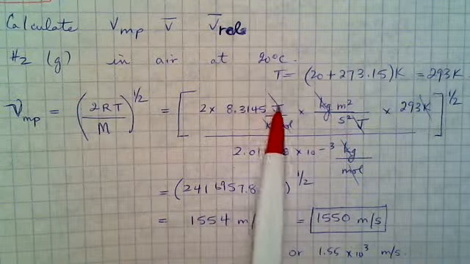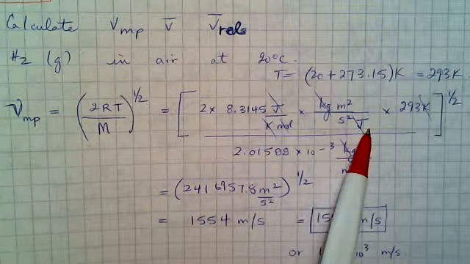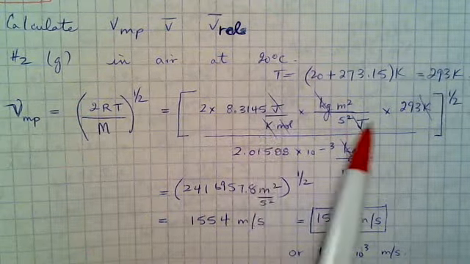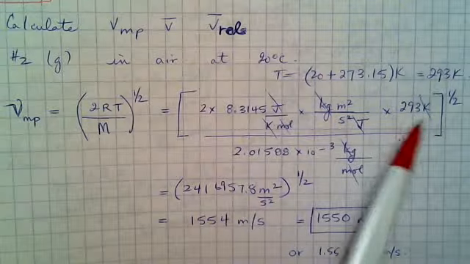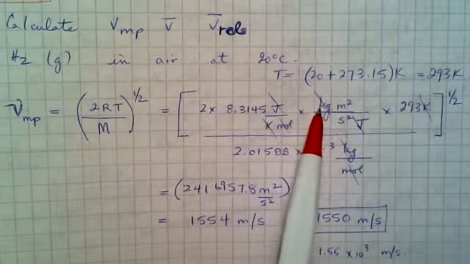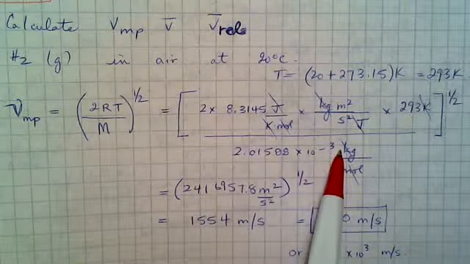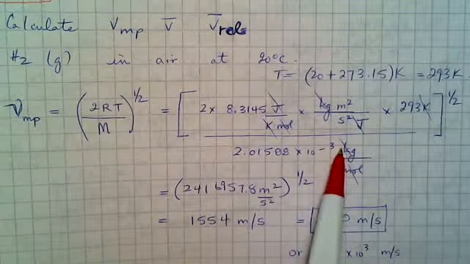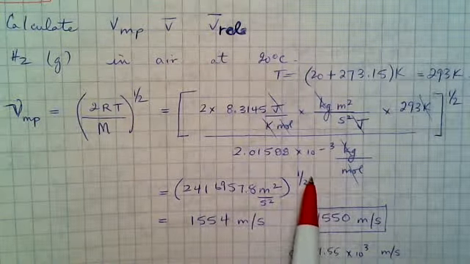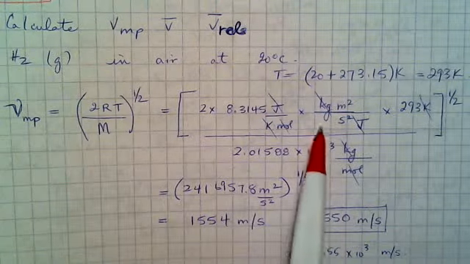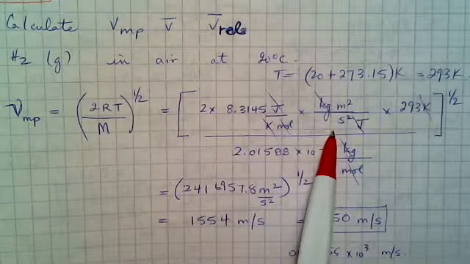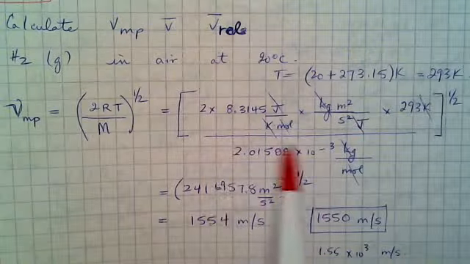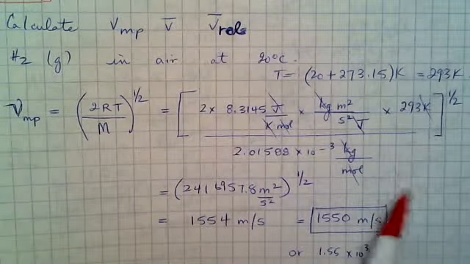So joules and joules cancel, Kelvin cancels with Kelvin, and the kilograms on top cancel with the kilograms in the unit. The moles went out, so I just have meters squared over seconds squared, and that's fine because that's still within my square root bracket.